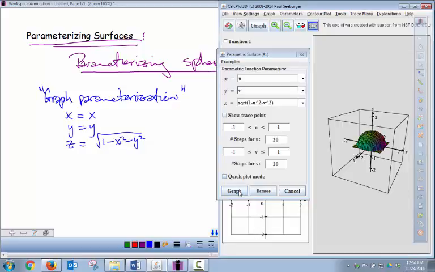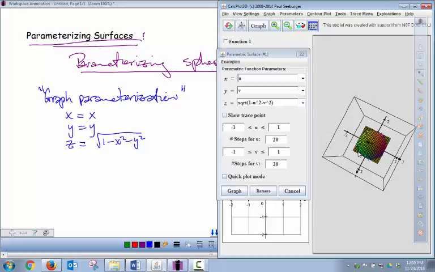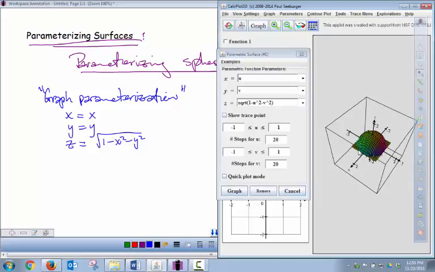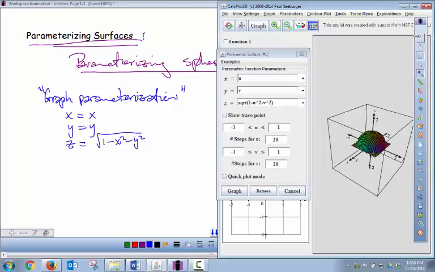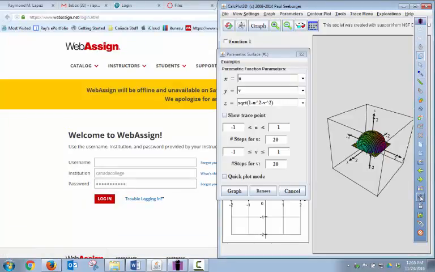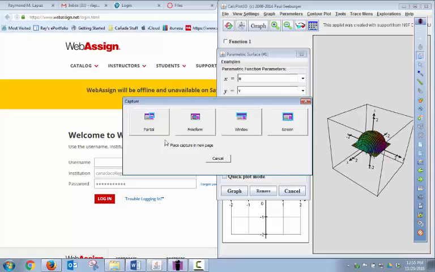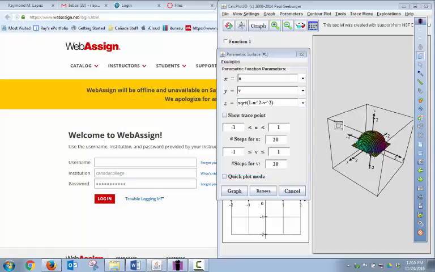And if I graph it, remember the graph had this funny edge to it. That's because our limits are constant limits, and whenever you have constant limits, that's usually describing a rectangular region.